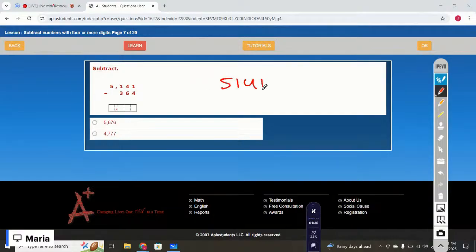5,141 minus 364. So we need to borrow 1. We have 3 here and 11 here because we cannot subtract 4 out of 1, right? So 11 minus 4 is 7. We cannot subtract 6 out of 3, so we need to borrow 1. That makes 13. 13 minus 6 is 7. We have 4 here and 10. 10 minus 3 is 7, and 4.